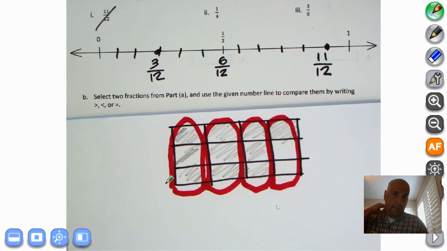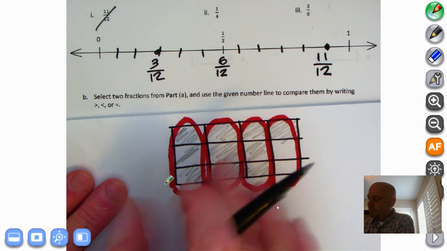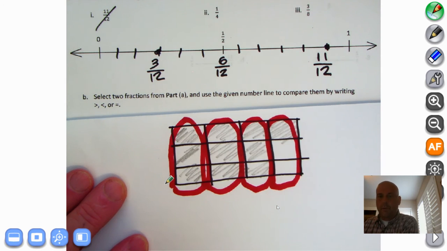Now the next one. Wow. Where would we put 3/8? Well, let's think about 3/8. Where would it go? Is it less than half or greater than half? Well, what if we were to do this? Instead of having 12 pieces, let's say we had 24, okay?